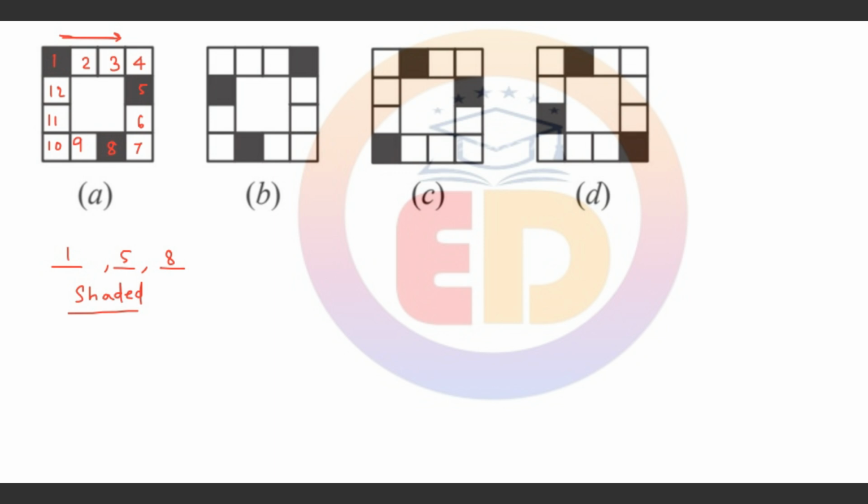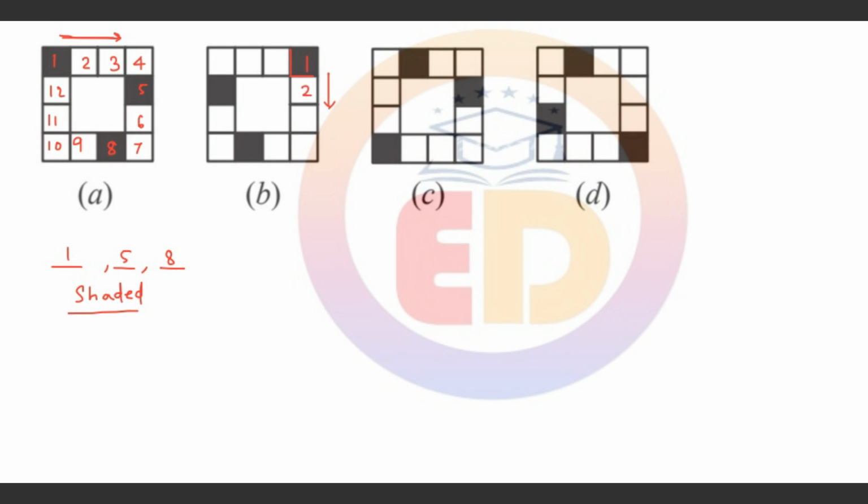Now let us do the numbering on the rest of the figures. Starting from this square, which is a single square here, and now it has been changed from top left to top right, but this will be numbered 1. And let's go in a clockwise direction.